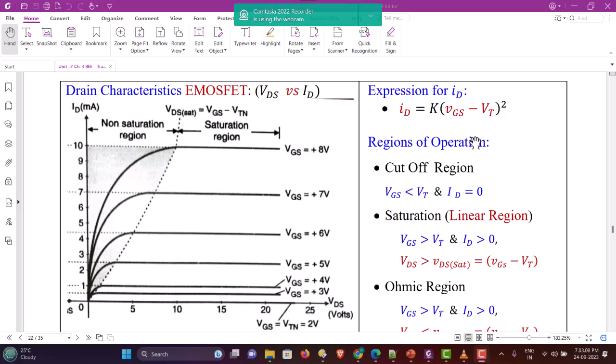If we consider the drain characteristics, drain to source voltage versus ID, let us consider the characteristic for VGS equal to 7 volt. We see that when VDS exceeds the pinch-off voltage, see the crossing of the dotted line with the characteristics.